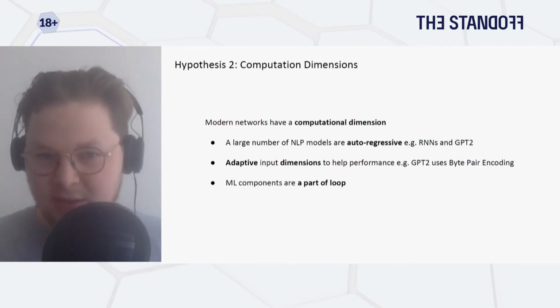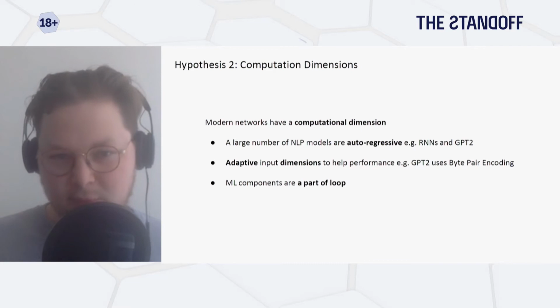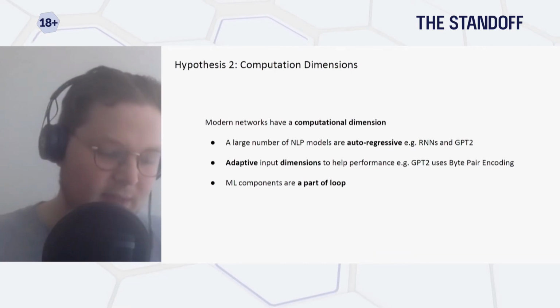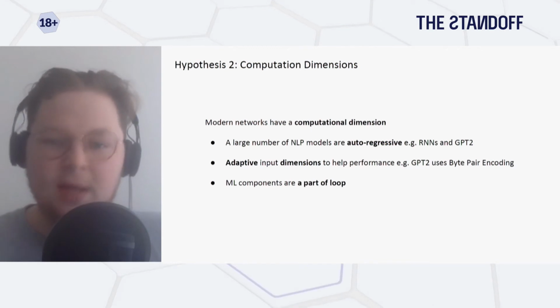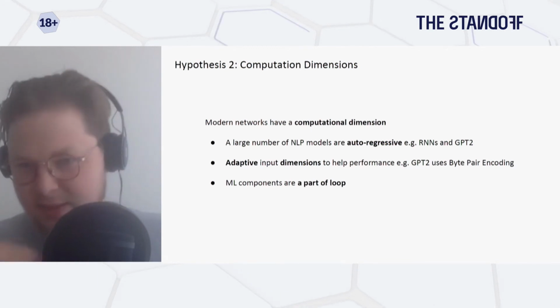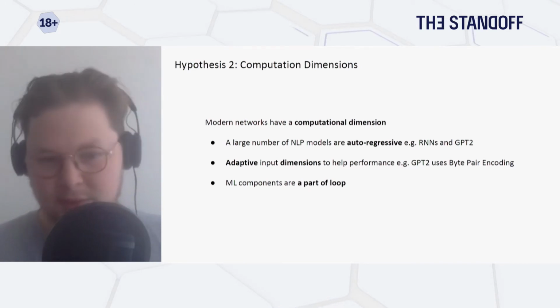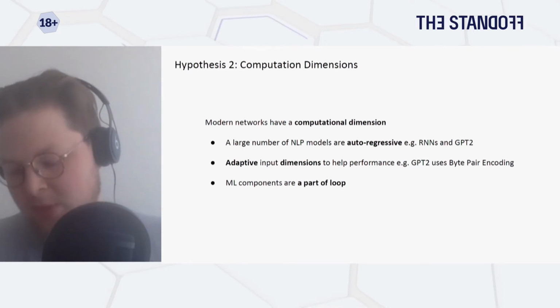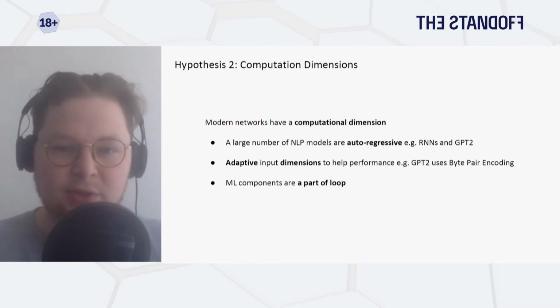Because suddenly you don't need a token for the whole word, but you can have a token for the subword. And this helps to cut down on the dictionary size and basically speed up both the computation and the training, and also improve the richness of your dictionary.